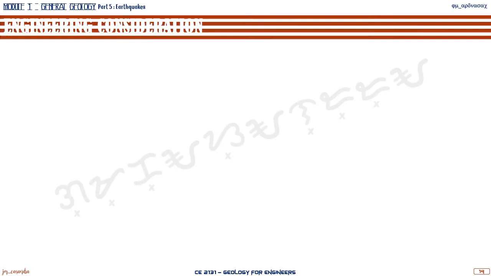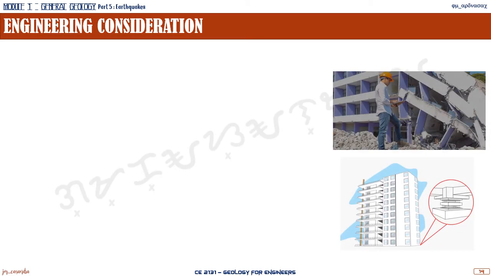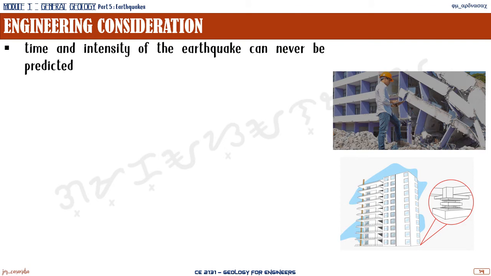Okay? So what are now the engineering considerations for us when we talk about earthquakes? So basically, the time and intensity of earthquakes can never be predicted as of now. But there are some innovations already or inventions that are trying to anticipate when an earthquake will come.